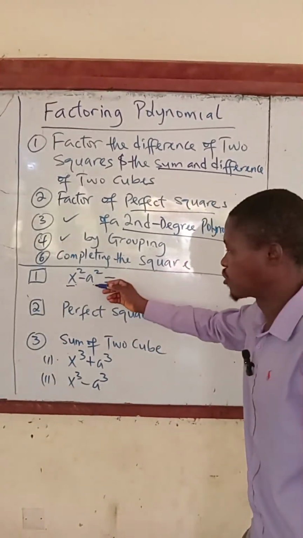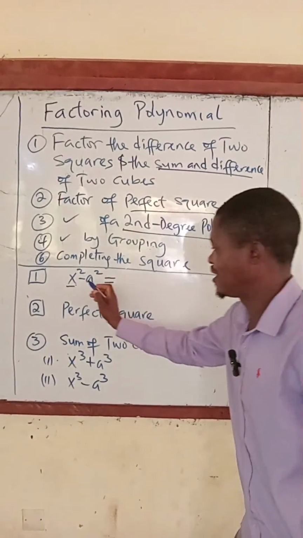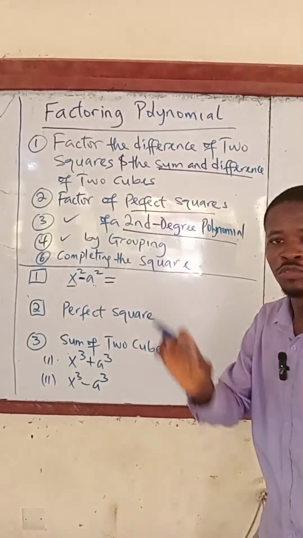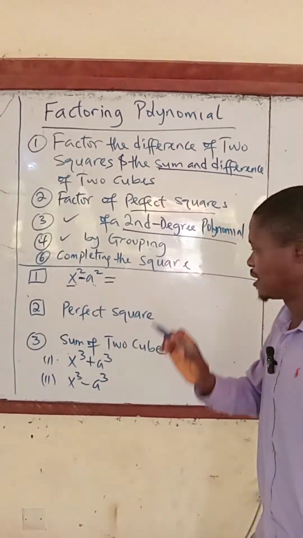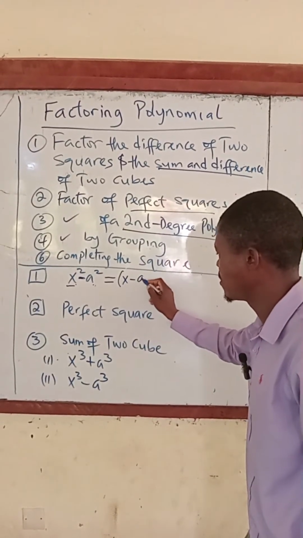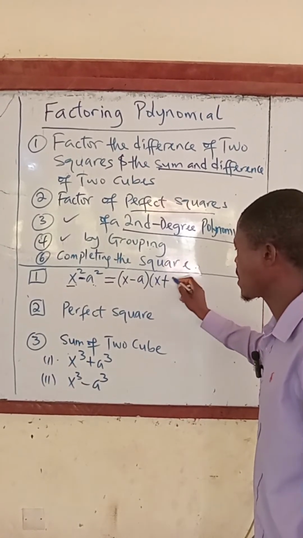The second variable also must be a multiple, but there must be a minus that connects the two. So in such case, it's going to give you x minus a times x plus a.